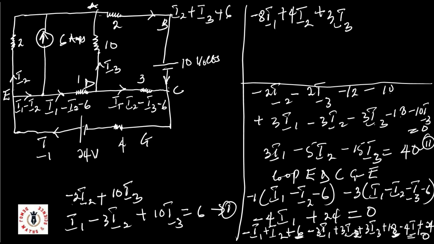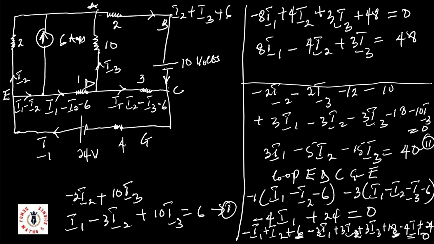That makes plus 48 equals 0. So I can easily rewrite this equation as 8I1 minus 4I2 plus 3I3 equals 48. Sorry, this is minus 3I3.